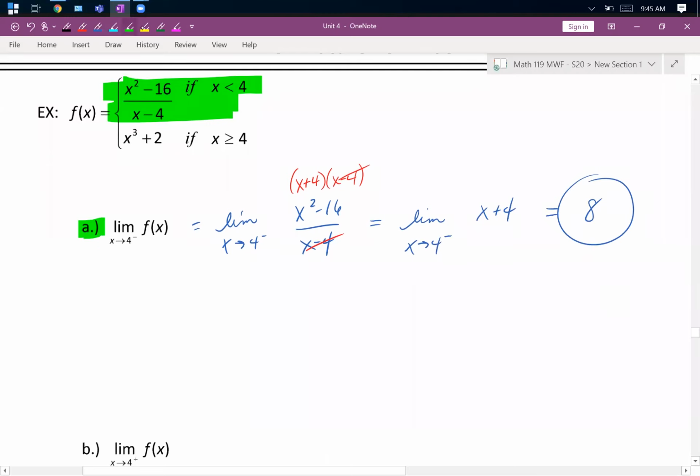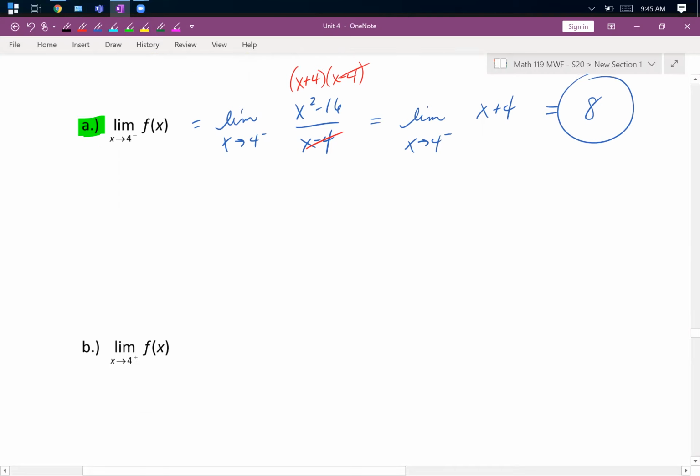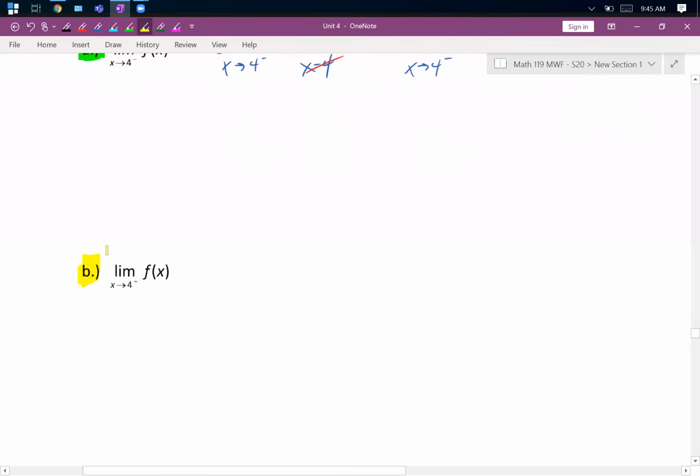In part B, as we're finding the limit as x approaches 4 from the right, we need to be using the bottom function because that's where we define what we use when x is greater than or equal to 4. So this is our limit as we approach 4 from the right. And there's no reason we can't plug in.